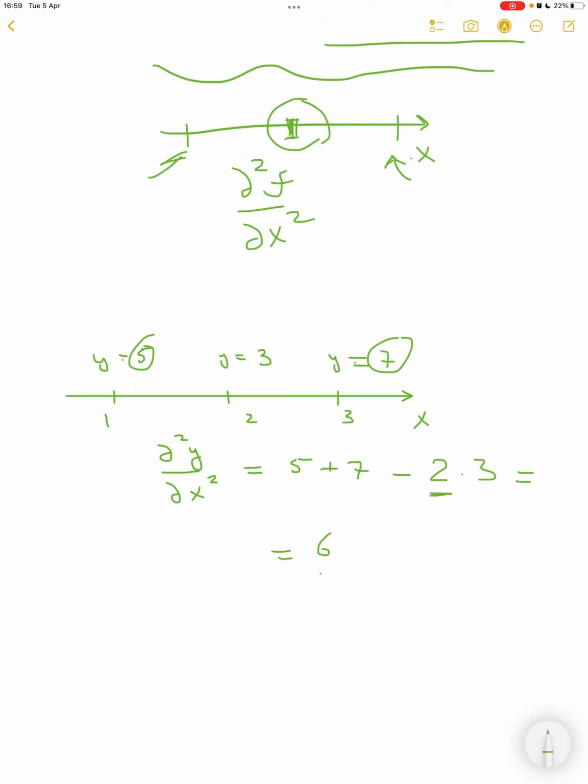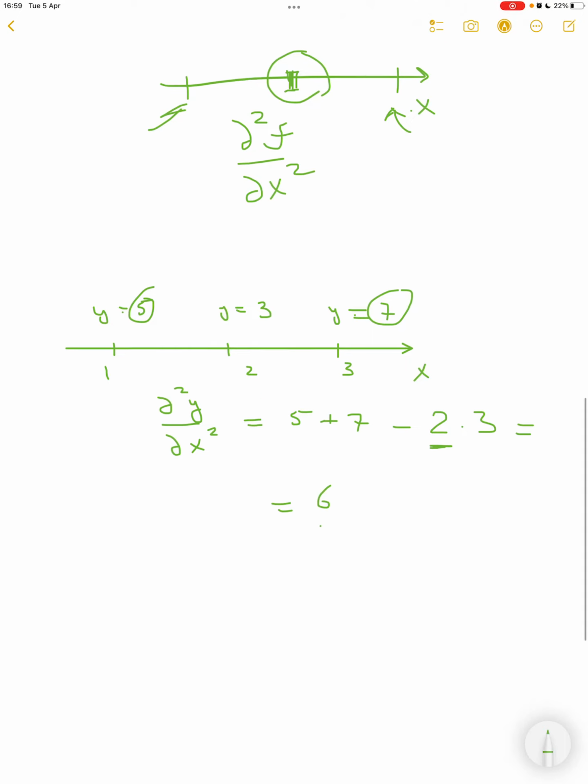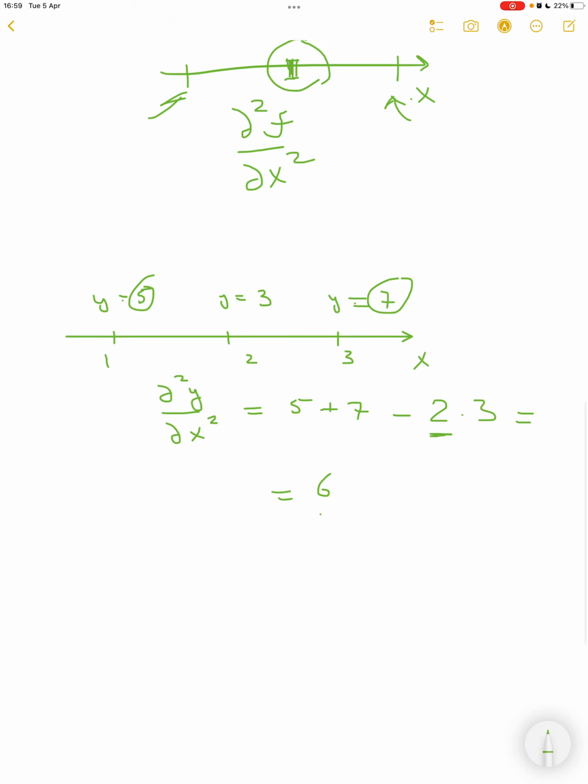Yeah, awesome. So now we see that the second order derivative equals 6. And in case it was something like a quite real model, you could still apply this data.